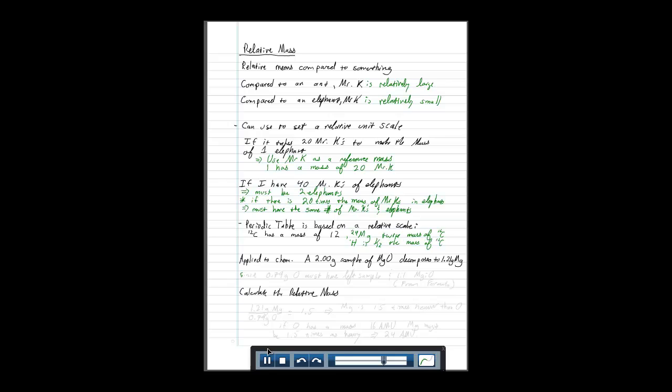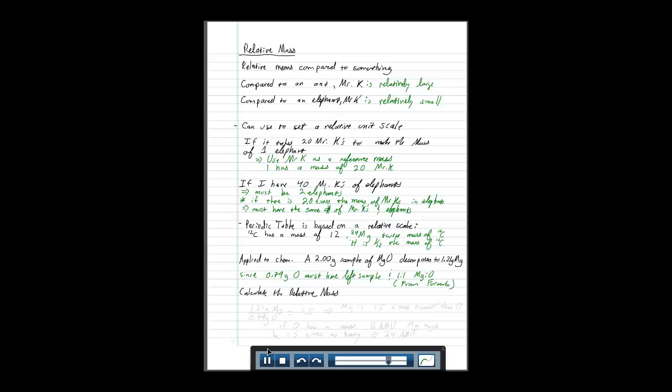Since 0.79 grams of oxygen must have left, we all talked about the conservation of mass. And we have a 1-to-1 magnesium to oxygen ratio in magnesium oxide. We can figure that out from the formula.